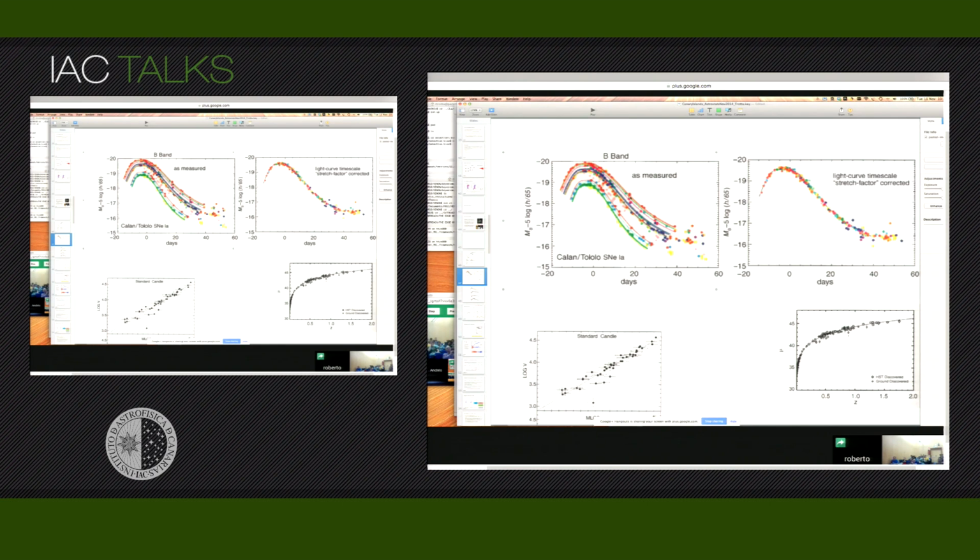It takes them longer to fade away, while the fainter objects are quicker to fade away. So this is the key observation that was made. I think originally the seminal paper goes back to Phillips, 1993.